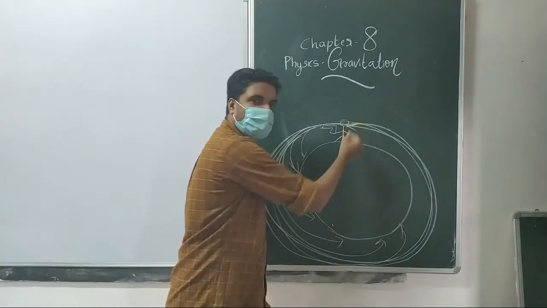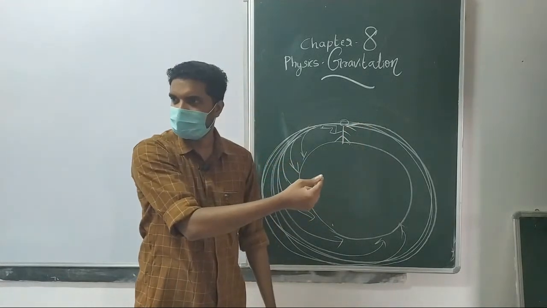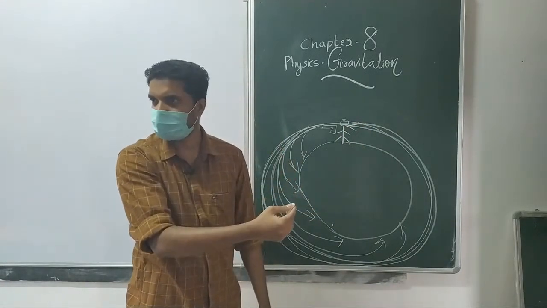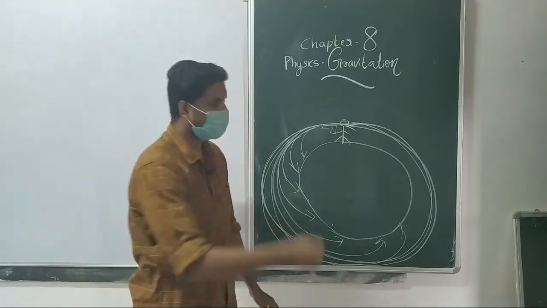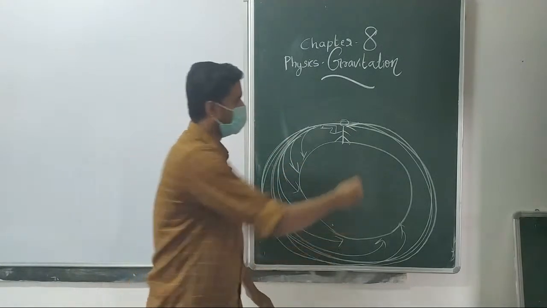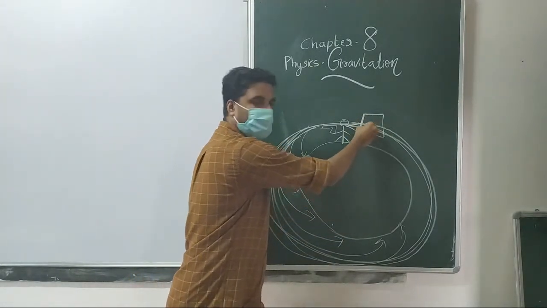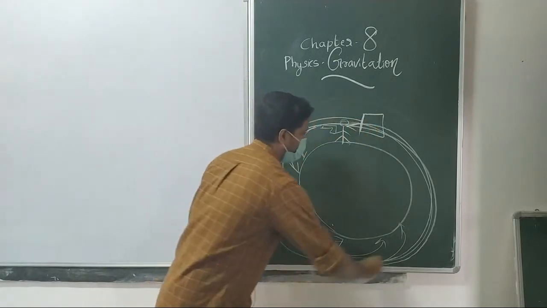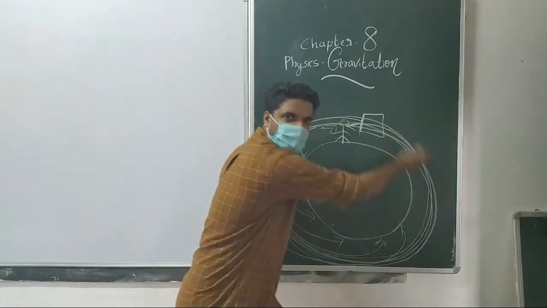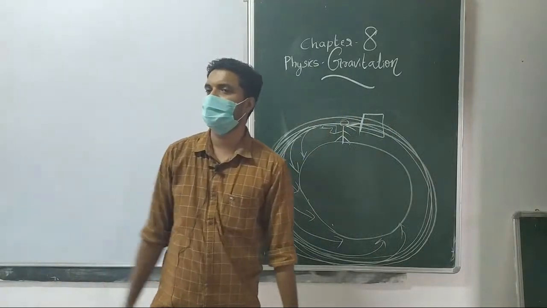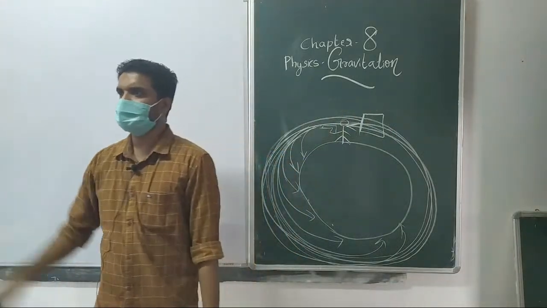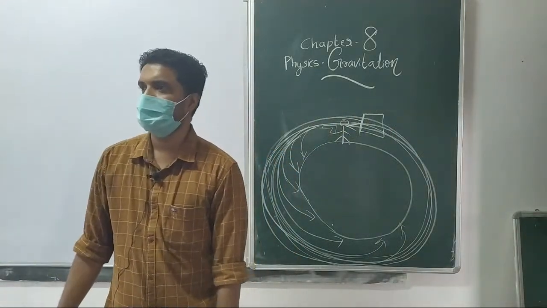Suppose instead of a bullet, think of it as Mangalyaan. Mangalyaan has been given that particular velocity. Then what can happen? Mangalyaan goes here, comes back, goes here, comes back. Always it is revolving around Mars.